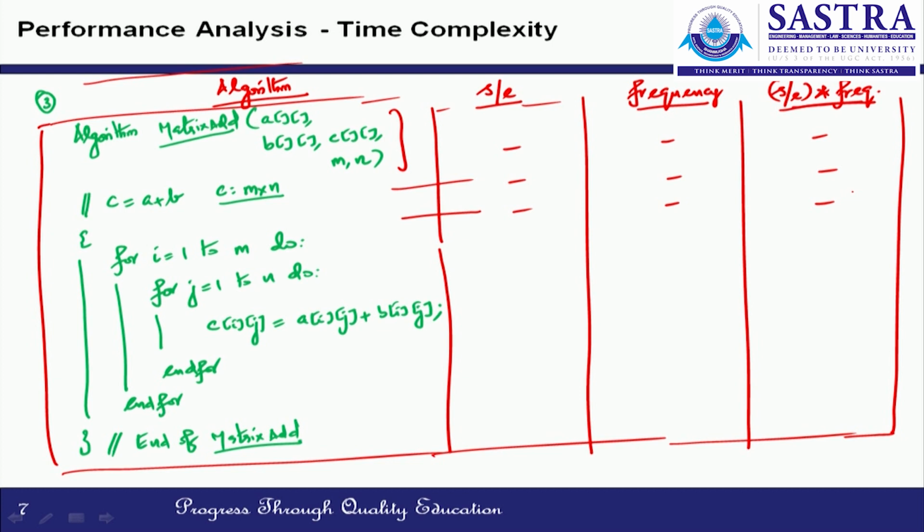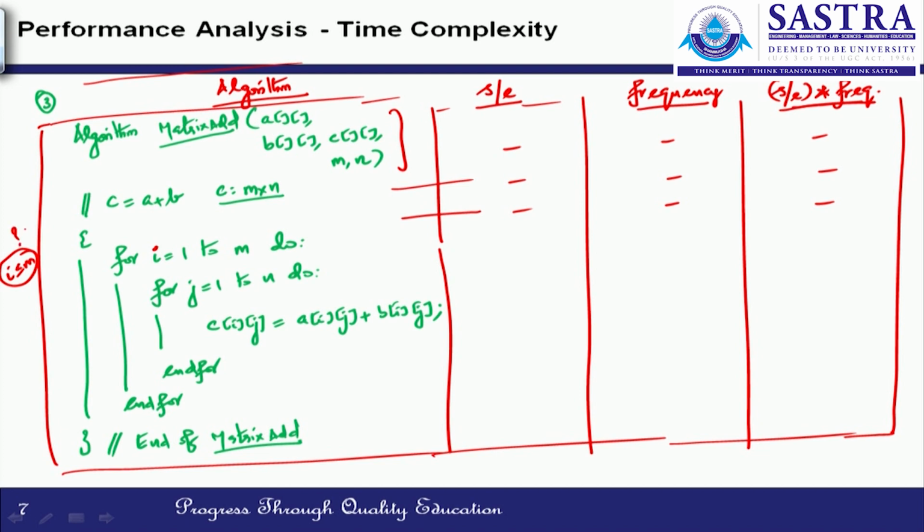Now, consider the for statement, for i is equal to 1 to m do. We have already explored that the for loop, for i is equal to 1 to n, is executed n plus 1 times. There the conditional test to be made is i less than or equal to n. Here clearly we check if i is less than or equal to m, this is a conditional test.